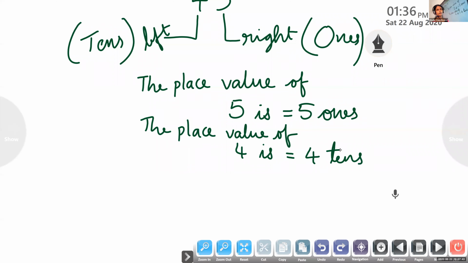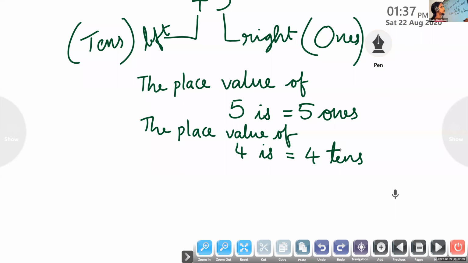So 45 is a two-digit number having digits 4 and 5, and the place value of 5 is 5 ones and the place value of 4 is 4 tens.